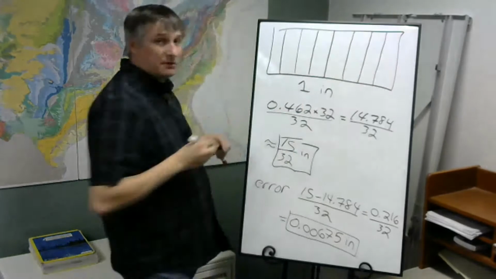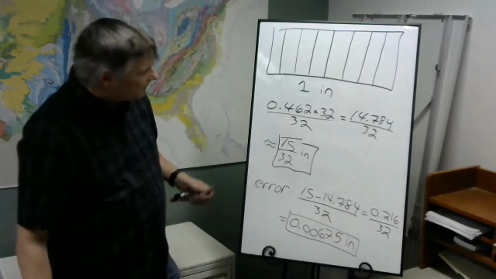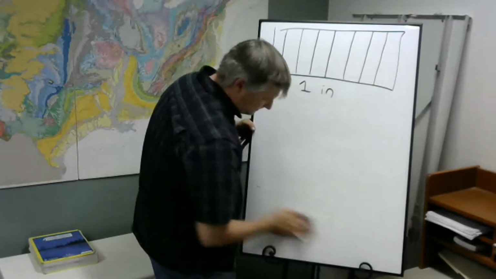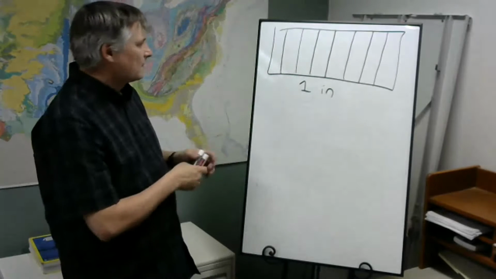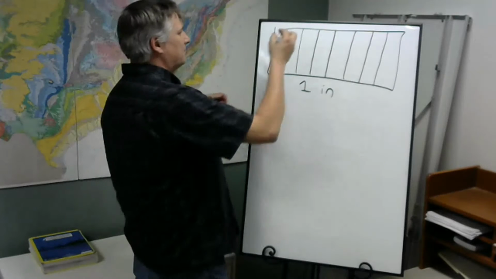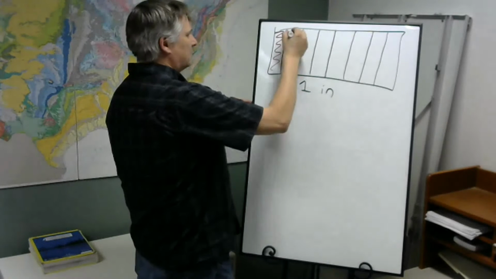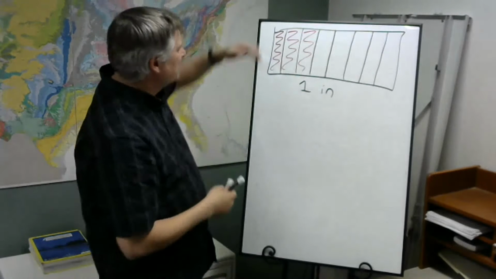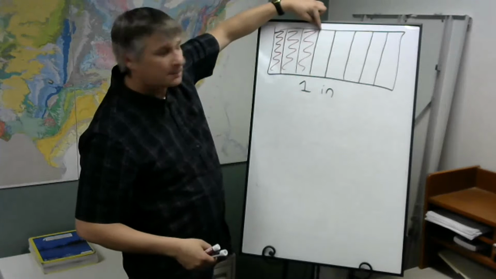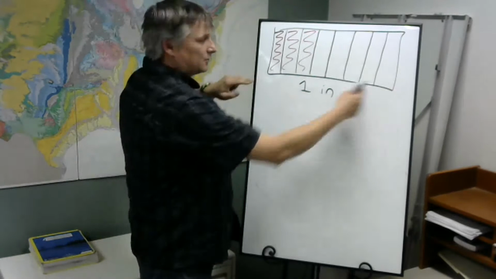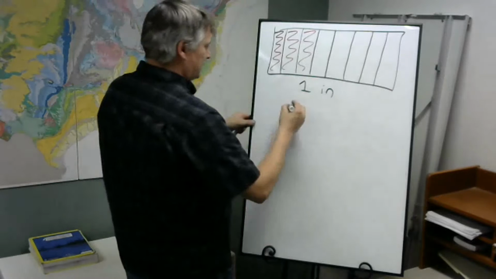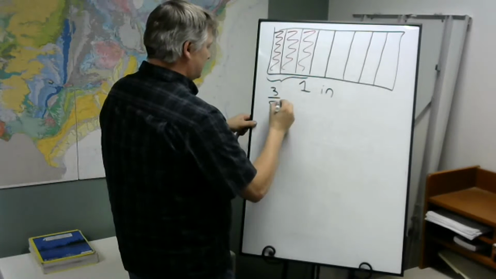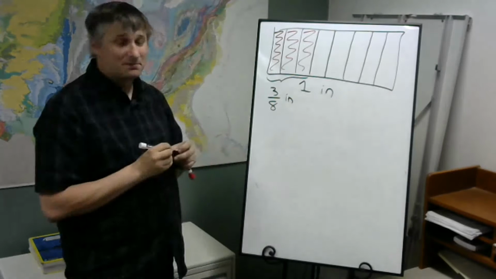Now clearly this is bigger than a regular inch, but when we don't have whole inches, what we might say here is this amount. So say we measure something and it measures from here to here. If this represents an inch, then this would be 3/8 of an inch.